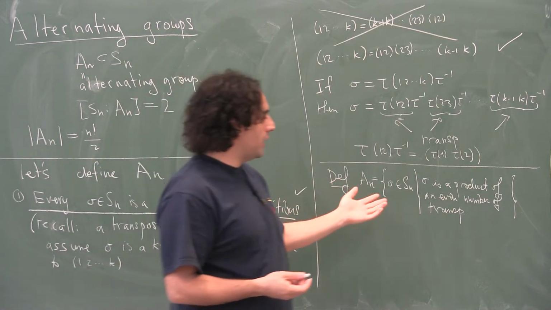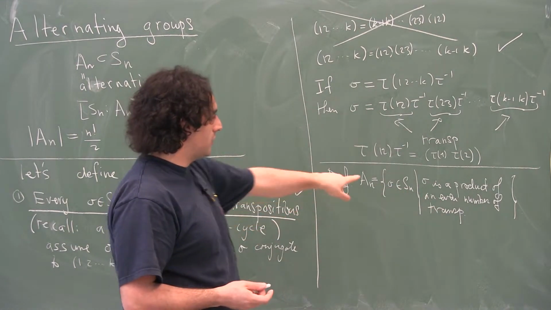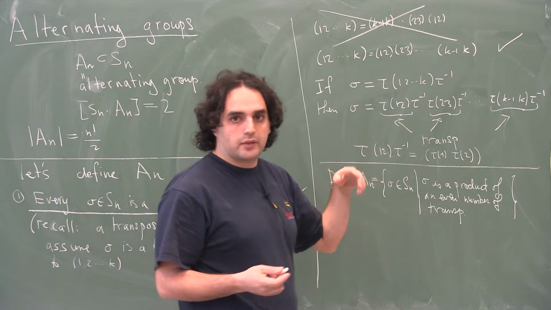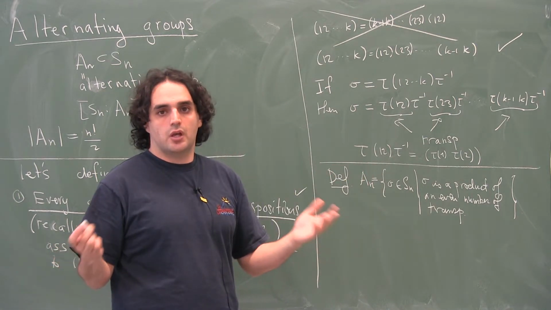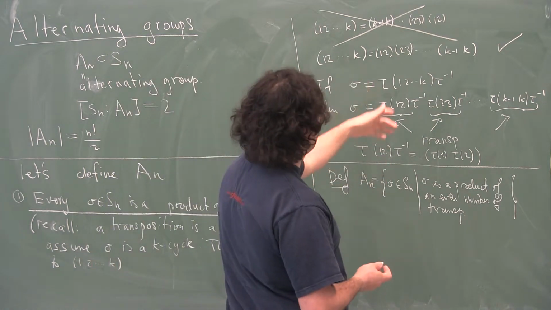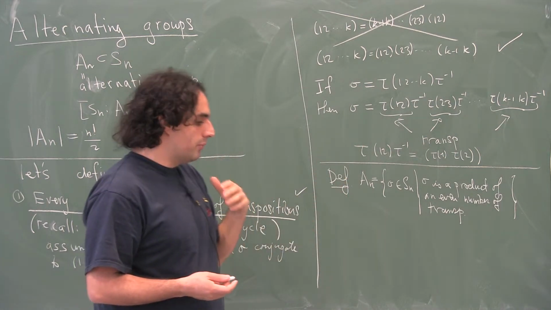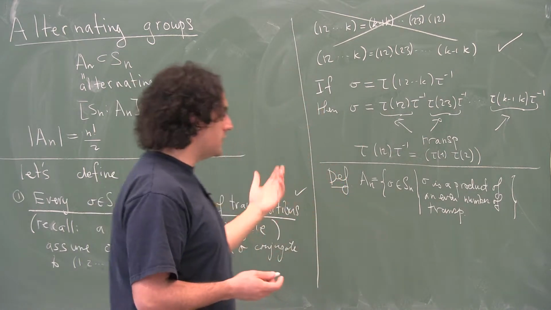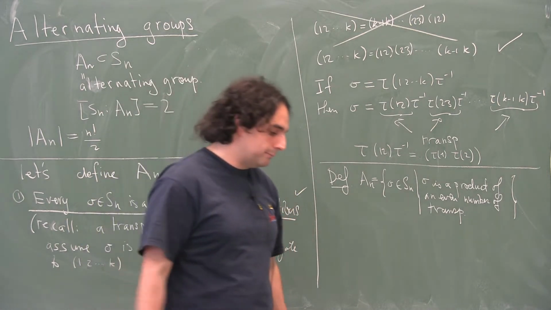Well, a priori, we might be worried, it's a perfectly valid worry, that the same sigma might at the same time be a product of, say, 2 transpositions and 3 transpositions. Because here we gave a way to write a general permutation as a product of transpositions, but it's easy to see that there is more than one way.